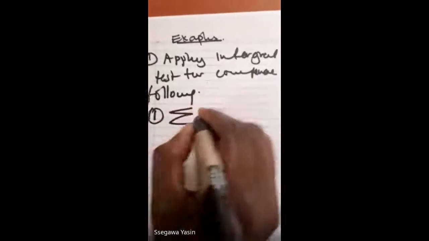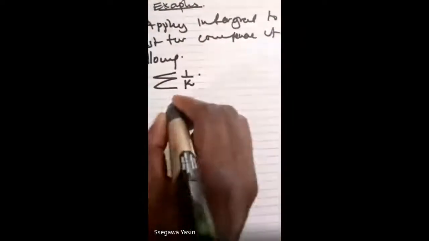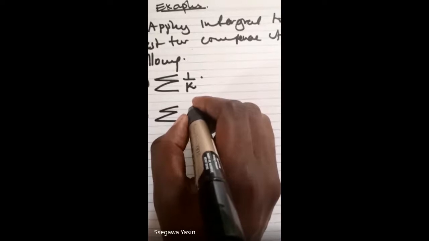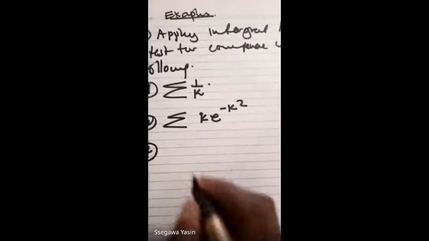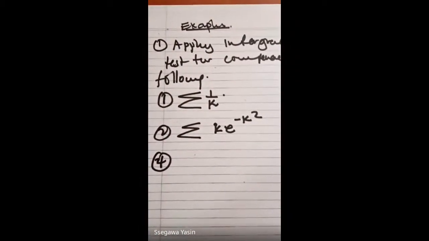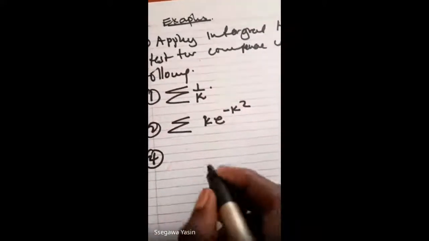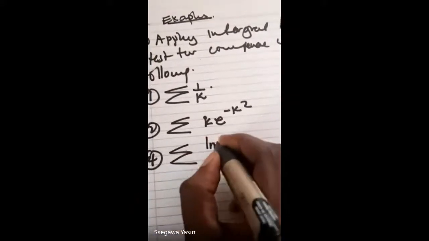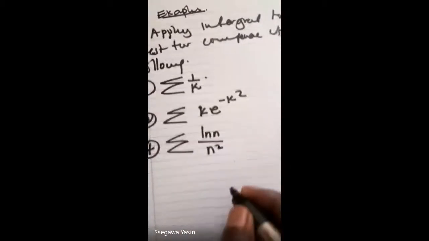Let's start with the one you are used to, which is the first example. Let's go with the second one in your work, which is the same as k e to the negative k squared. Then the fourth one, what can we take? Maybe this one here. Let me take the one which is a bit harder.